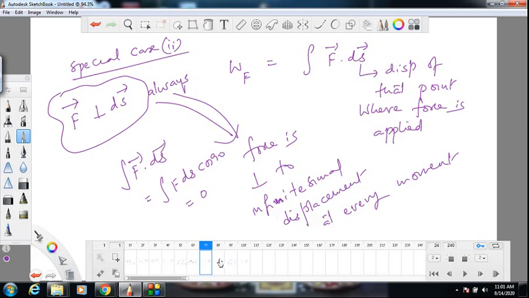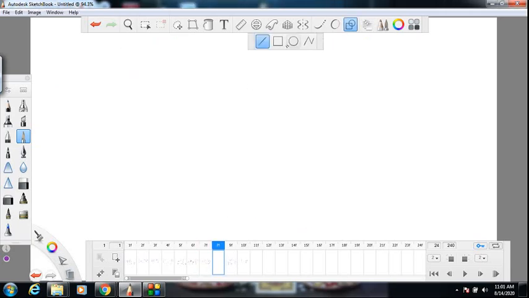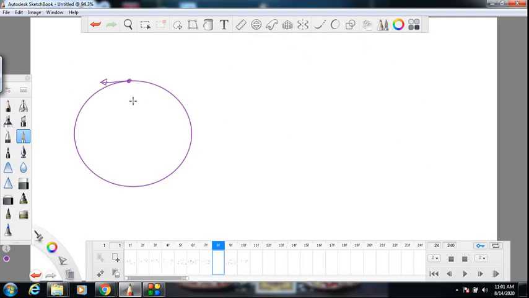One of the best examples that I can give you for this case is a body moving in a circle, and I told you whenever a body goes in a circle there is acceleration towards the center, or there must be a force towards the center. So you see the force and the displacement ds at that instant, they are always perpendicular. When the body comes here, again the little displacement and force are perpendicular. When the body comes here, again the force and the little displacement are always perpendicular.